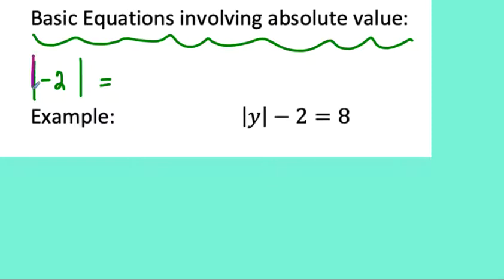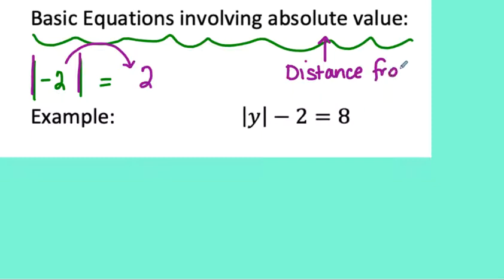So if I take the absolute value of -2, my output is going to be 2. We did talk a little bit more about absolute value being distance from 0 on a number line. So the absolute value of -2 is 2 units away from 0 on a number line.